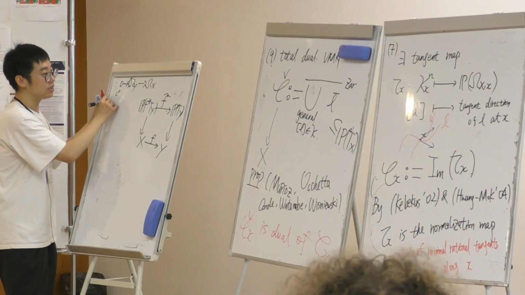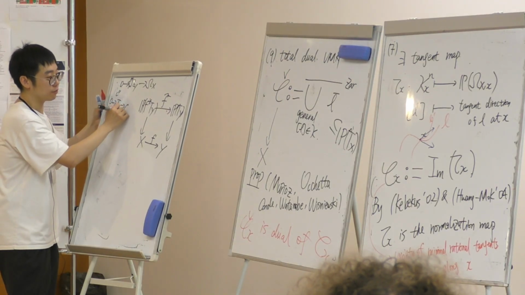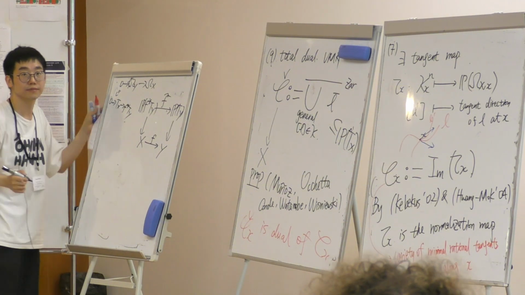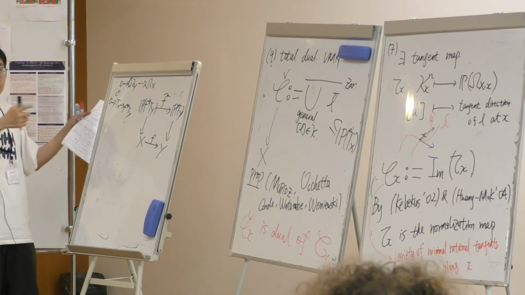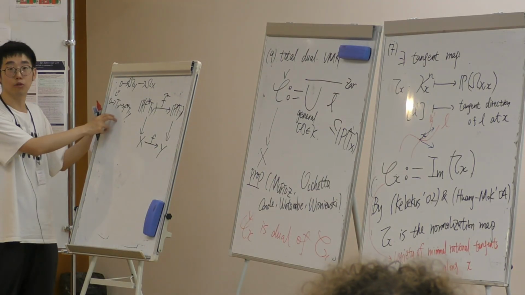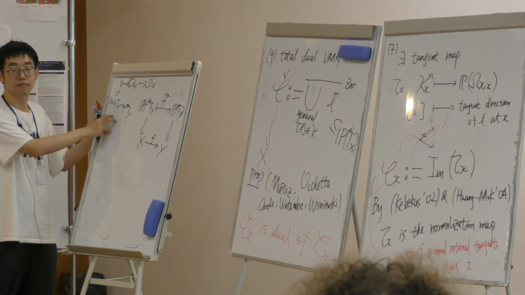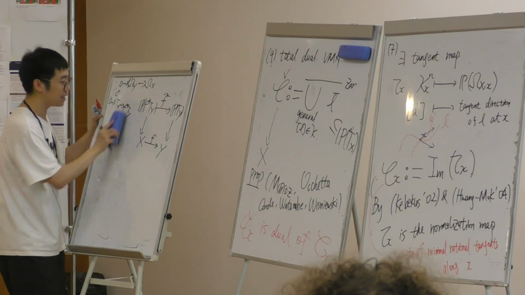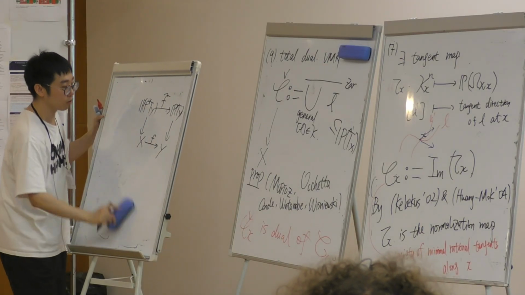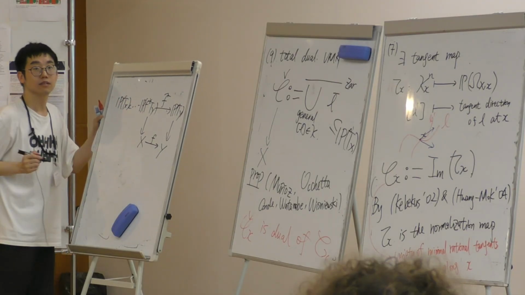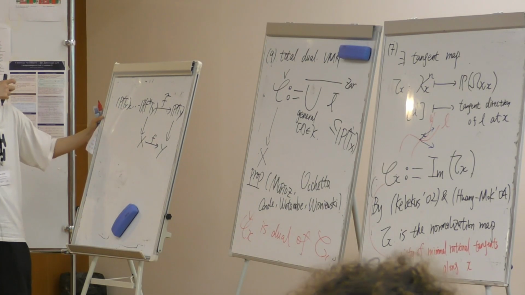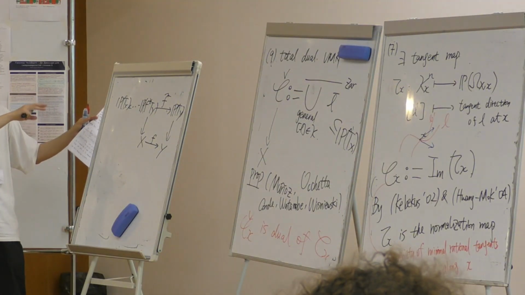We have 0 to TX to f pullback TY, right? So away from some closed subset, this is an isomorphism. But then you can obtain this dominant rational map from here to PTX. This is birational. This is induced by the injection, as what I said.